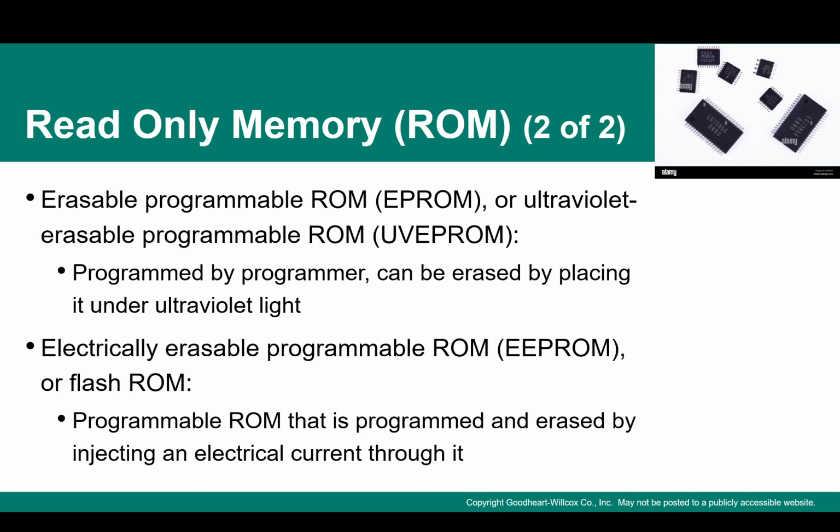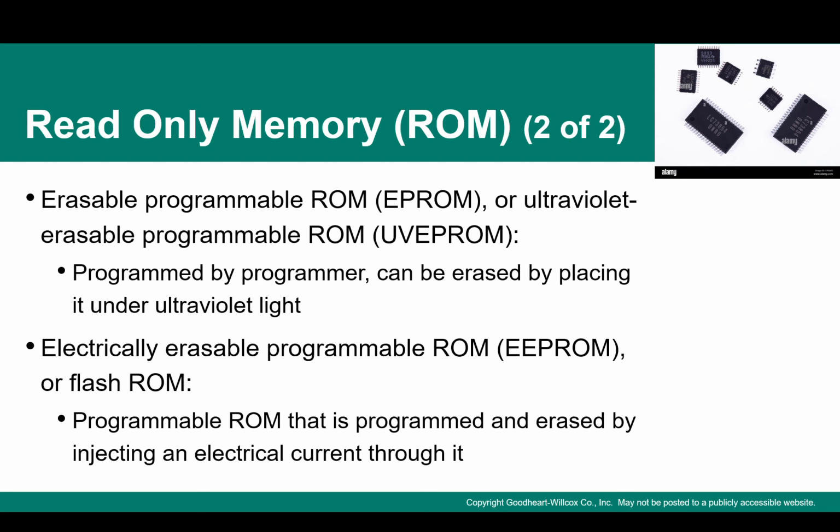Similarly, some other terms I showed you: erasable programmable ROM, or ultraviolet erasable programmable ROM. What is the difference? It is programmed by a programmer and can be erased by placing it under an ultraviolet light. We have used these, and you can erase and program these EPROMs or UV EPROMs.